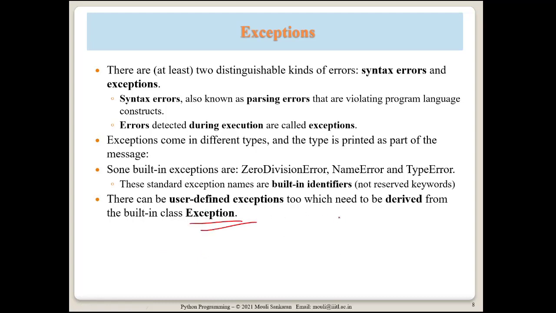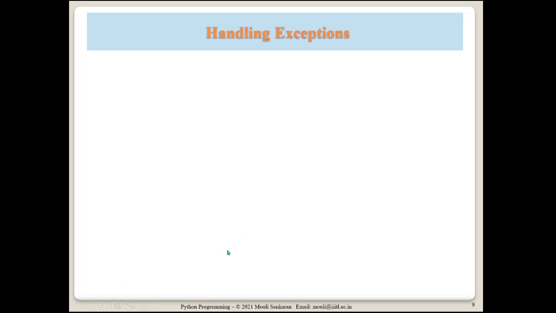You cannot arbitrarily say my class is an exception. You need to derive it from the Exception class. Then only if the exception happens, Python knows how to handle it, because exceptions need to be handled in a different way by the Python programming language. So it needs to have Exception as a base class from where you derive your own user defined exceptions. So this is the way exceptions are defined.